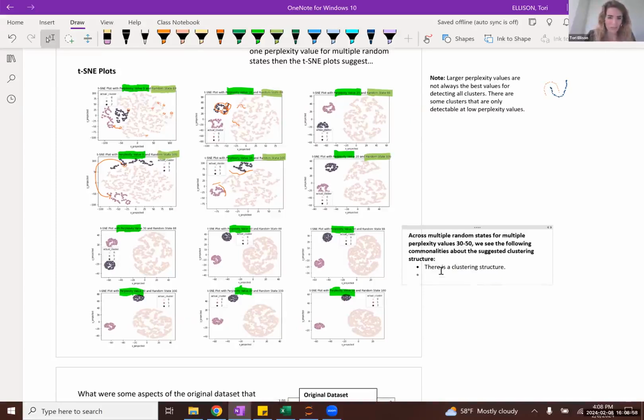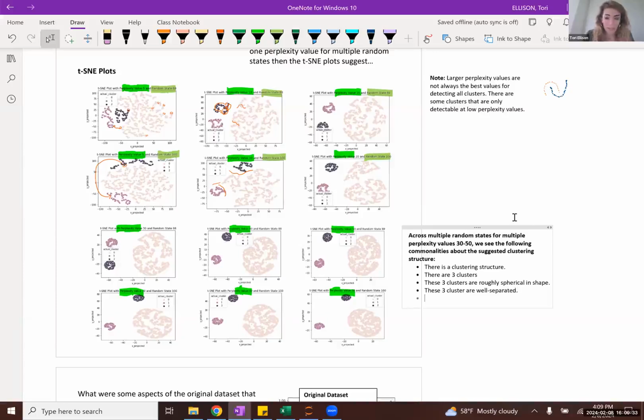Okay. Number two, what we're seeing here in each of these 6 plots is that there are 3 clusters. Also, these 3 clusters are roughly spherical in shape. Okay. We're also seeing that these 3 clusters are well separated.